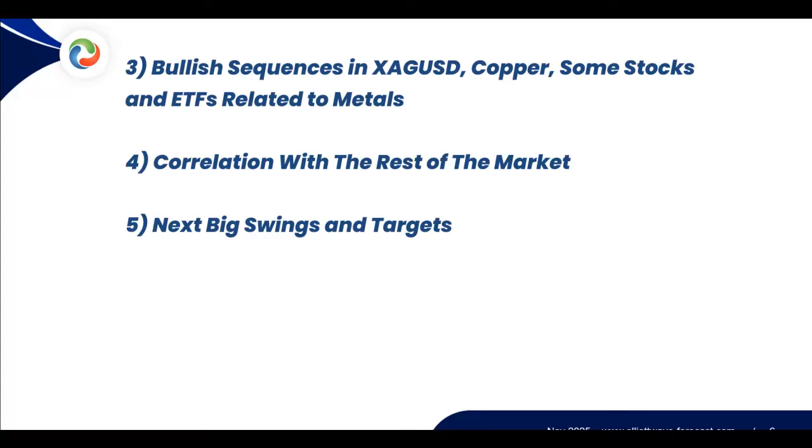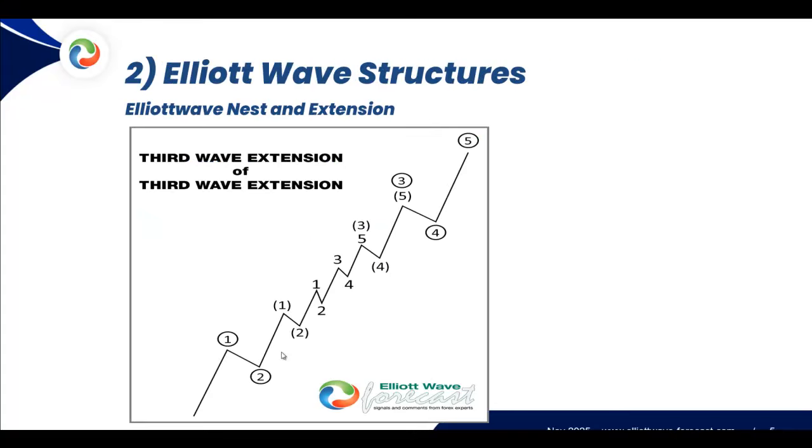What is a sequence? For example, when the market goes 1, 2, and it breaks the high of wave 1, that's called a bullish sequence. Why? Because 3 waves do not make a trend. Consequently, the market needs to extend to reach the target.